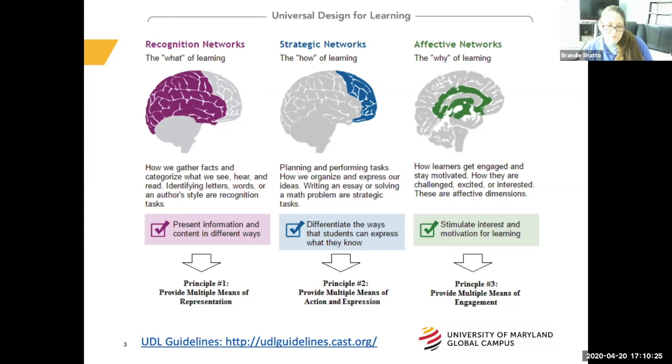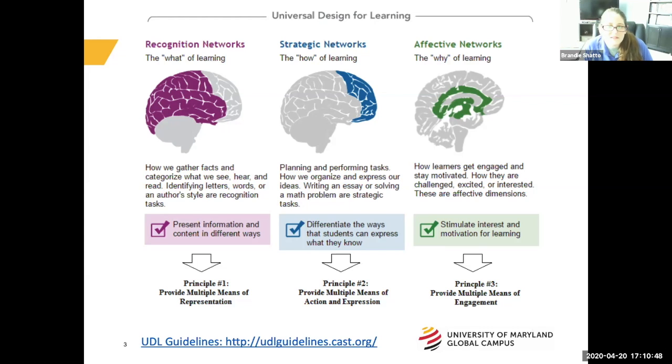You might find a video that does a really good job of explaining the content, or there might be a really good simulation online that the students can work through. So one of my recommendations is always to see what resources are out there and how you can present that information in different ways to students.